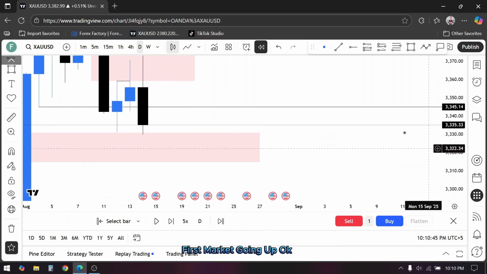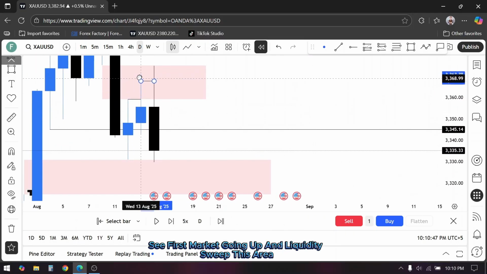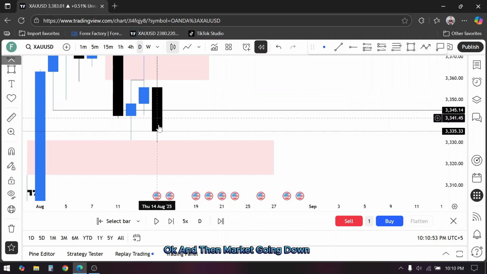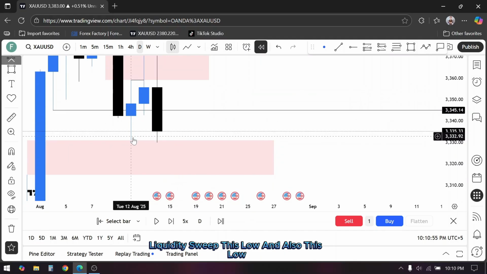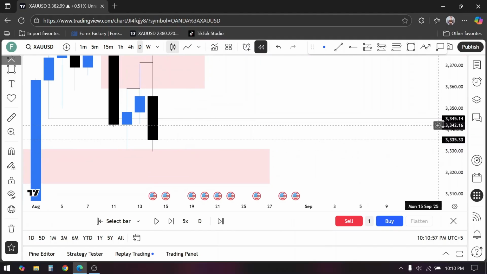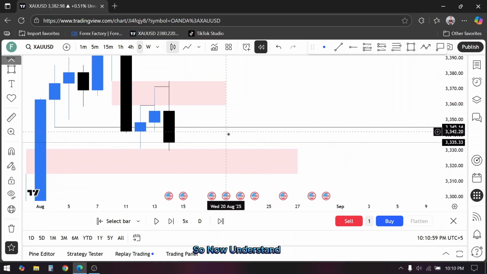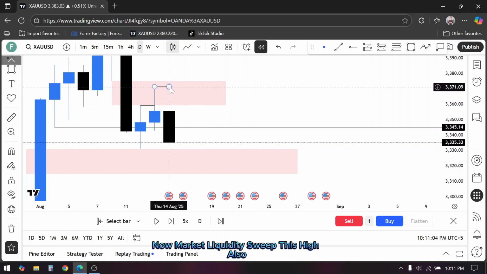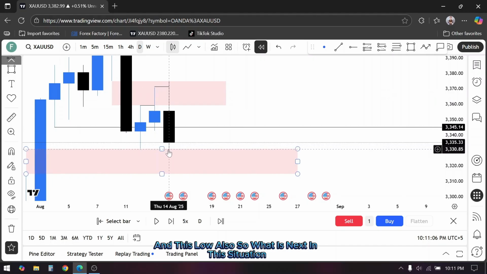First market going up. Okay, see, first market going up and liquidity sweep this area. Okay, and then market going down, liquidity sweep this low and also this low. So now understand. Now market liquidity sweep this high also and this low also.